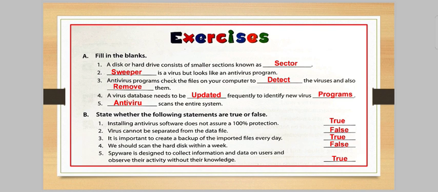Next, it is important to create a backup of important files every day. It is true. We should scan the hard disk within a month. Spyware is designed to collect information and data on the user and observe their activity without their knowledge. So this statement is true. So these are the true or false from this chapter.